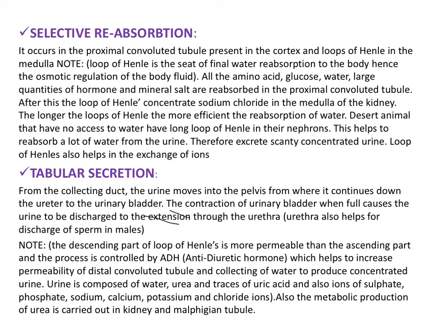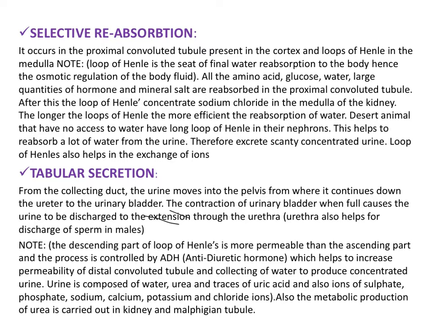This hormone helps to increase the permeability of the distal convoluted tubule and the collecting duct to water to produce concentrated urine. This usually occurs when blood volume or blood pressure is low, and to increase this blood pressure, water needs to be added to blood. And this water is only gotten by the reabsorption of water from the tubules.